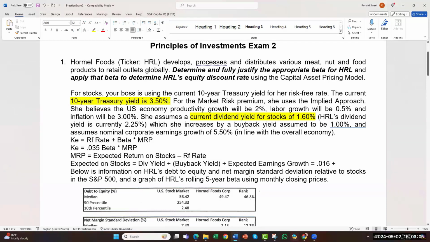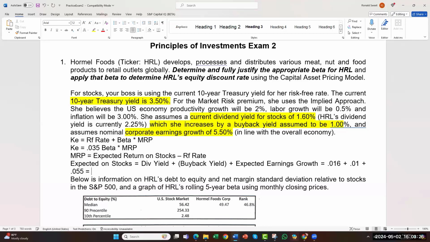She does use the buyback yield and she uses 1%. So if she says she uses it, then put it in there. Plus corporate earnings growth of 5.5. She gave you all this stuff up here, but you don't need it. That adds up to 5.5, but you don't need it because she says it right there. So that's kind of a throw you off as well.